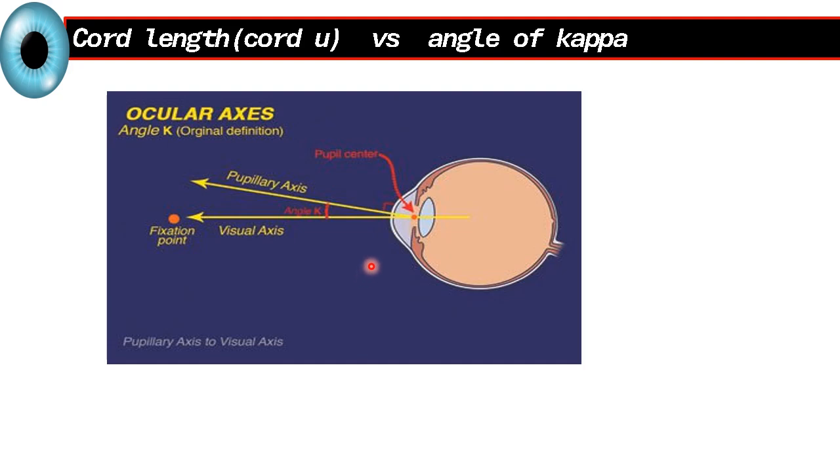I will explain why it is named like this. If we measure the chord mu at the level of the iris plane, this is called the real chord mu or the chord length. Machines that use Scheimpflug technology or OCT use the real chord length.